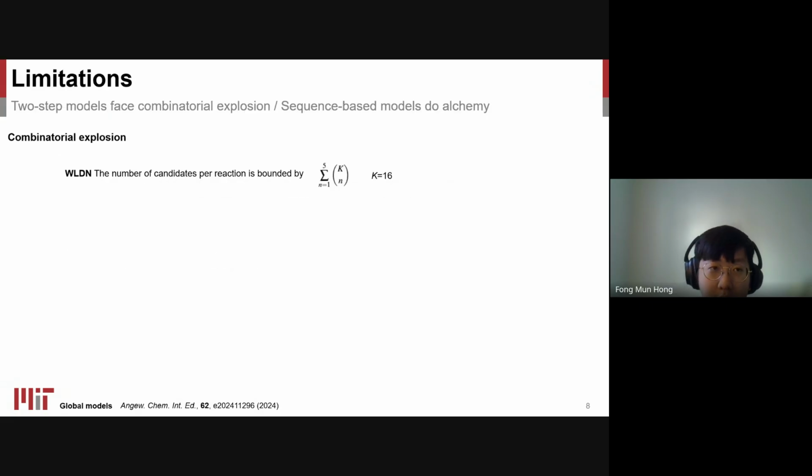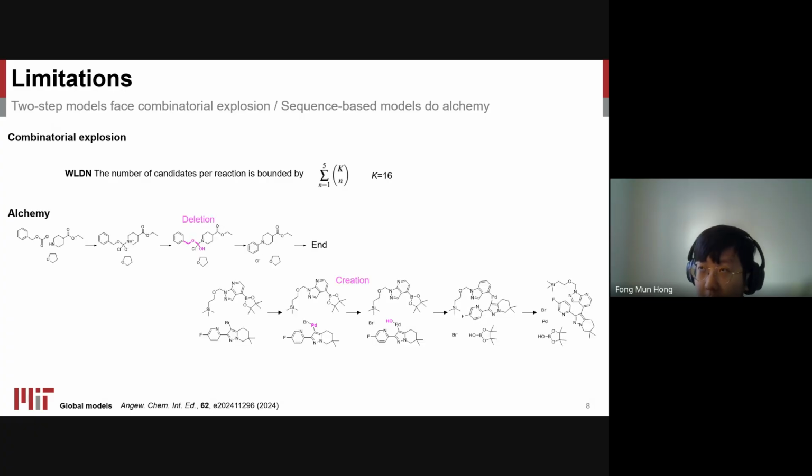But apparently, as we looked deeper into the models, at least for the WLDN, which is a graph model that combinatorially enumerates all possible bonds, this suffers from the combinatorial explosion problem. As for the transformer models, which are the dominant players right now, they suffer when predicting autoregressively.